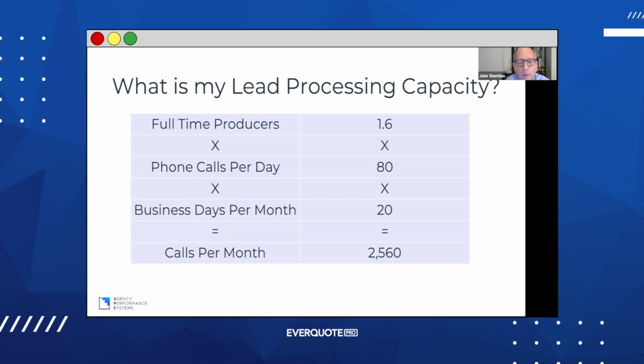In this case, we're going to use 20 business days in this particular month. We multiply those together, and that right there, that 2,560, that is the team's capacity to work your leads expressed in calls. 2,560 is the number of calls. That's the conveyor belt or the factory that we have to work with. Okay.